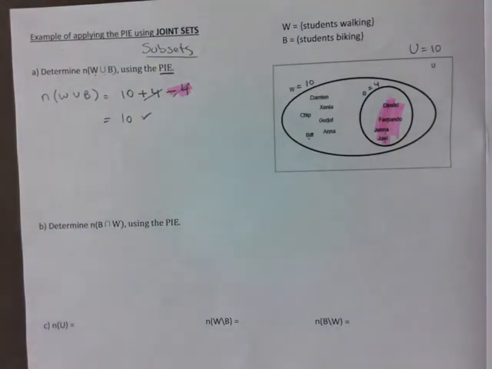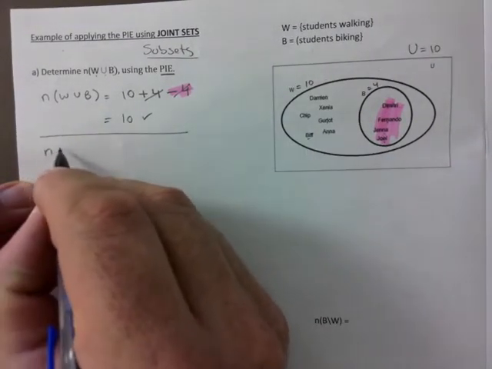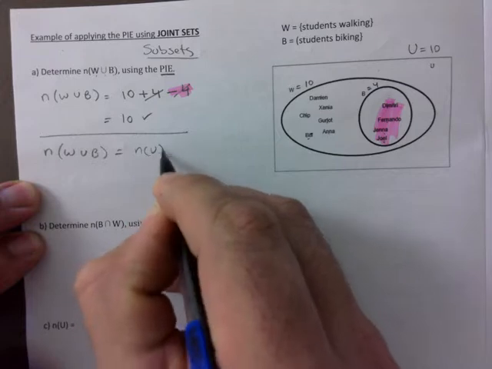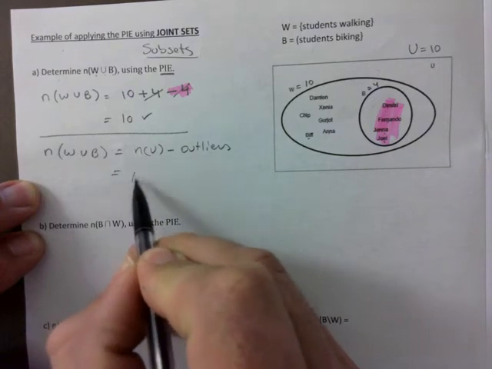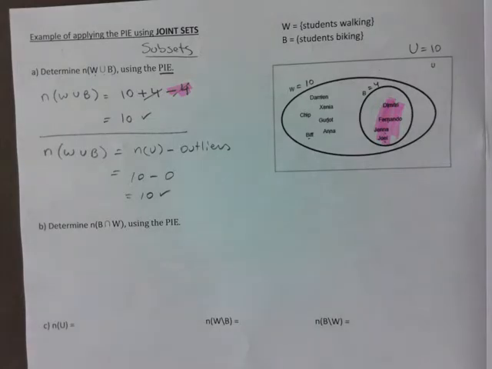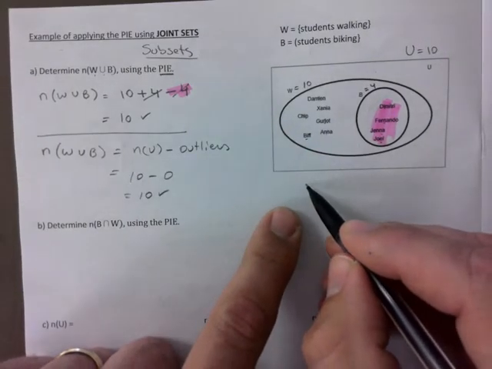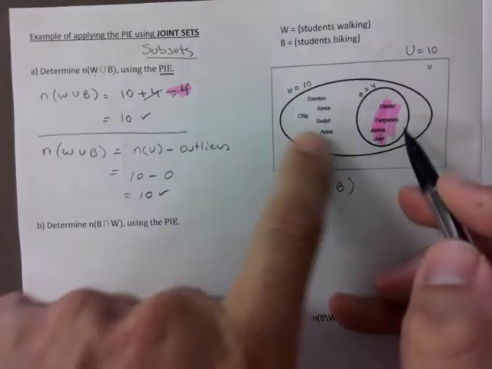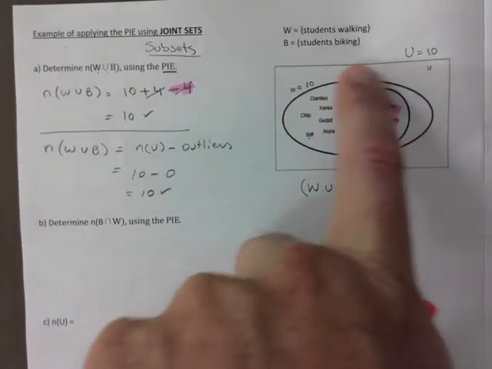Which is exactly what it is in this case. Because I told you another way of coming up with the union is to take the universal set minus any outliers, and so 10 minus 0 is 10. That's another way of getting there. Remember that to refer to outliers when there are only two sets, you take the union and you say, I don't want that union, and that would be everything outside.